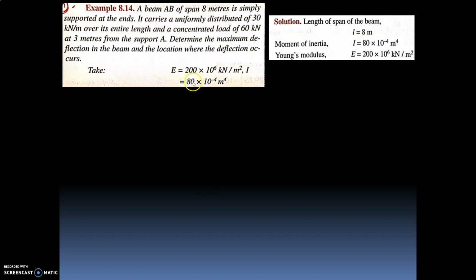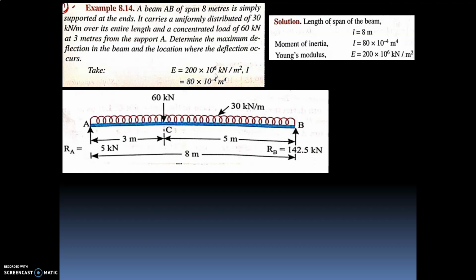So this is a simply supported beam subjected to one point load of 60 kilonewton and UDL of 30 kilonewton per meter. It is asked to find the maximum deflection in the beam and the location where the deflection occurs.